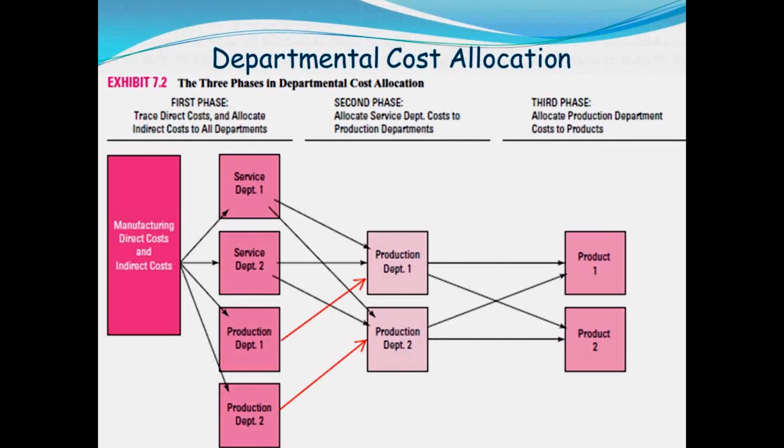And this picture kind of summarizes that, but leaves out a couple of lines. So you have overhead costs. Direct costs go directly into each of your departments, whether they're service or production. Indirect costs are allocated into each of these departments in some fashion.